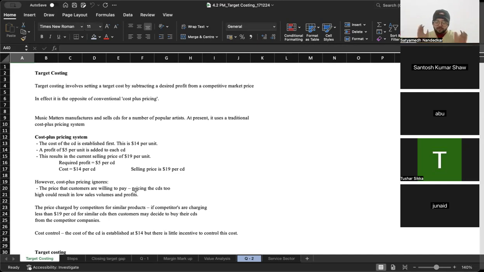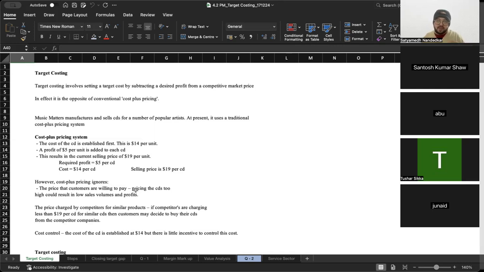Most of the players in the chips market sell the product at 10 rupees. That is their selling price, which means that if I am a new entrant in the market and I price the product at 15 rupees, there are chances that very few people will buy my product because everybody else in the market is selling at 10.